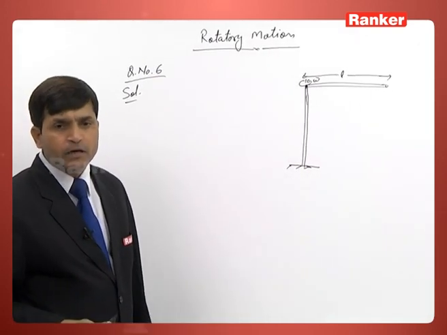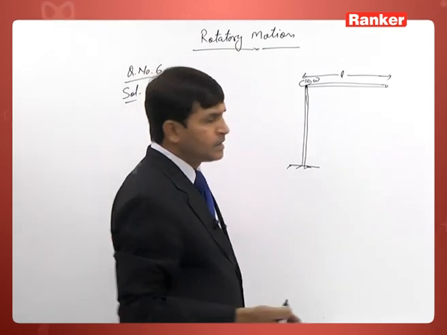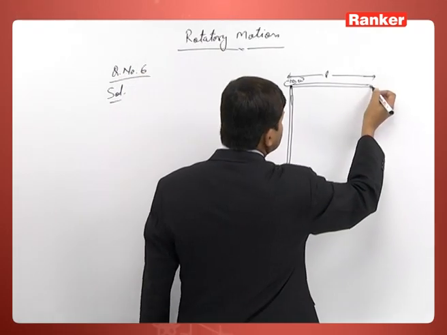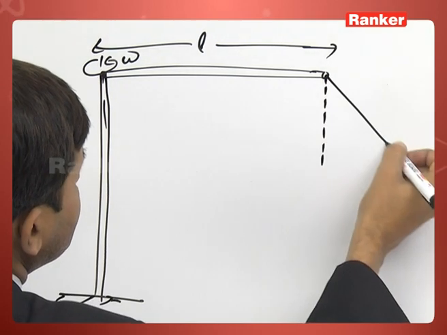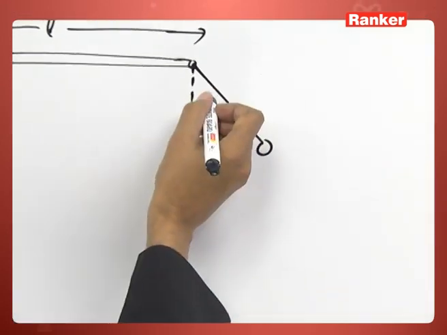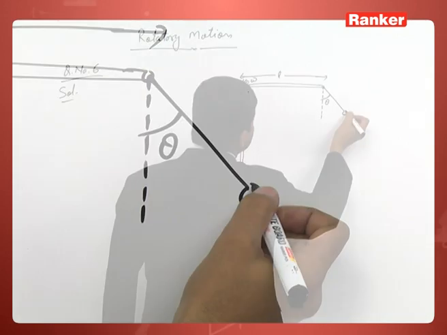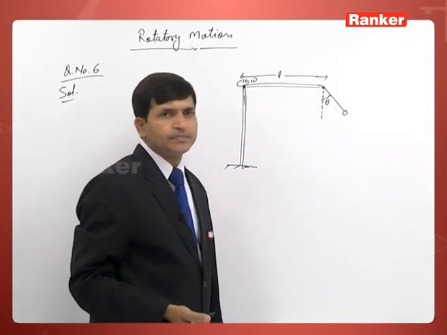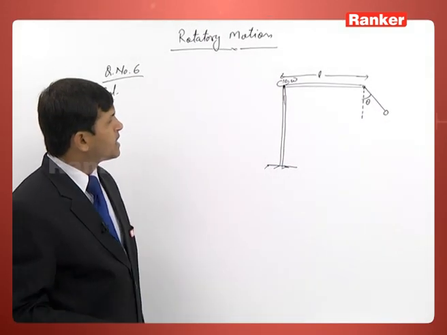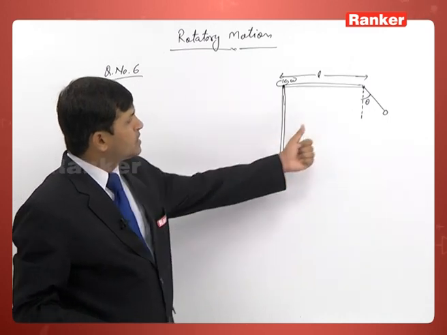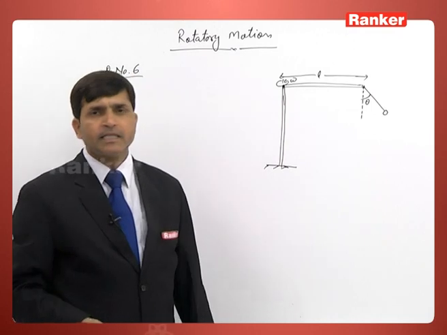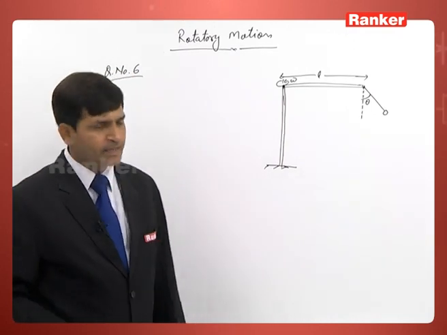Due to this rotation, from the other end a pendulum is suspended, and that pendulum right now makes an angle theta. So this is the main point here. What we will do is check the condition of equilibrium.